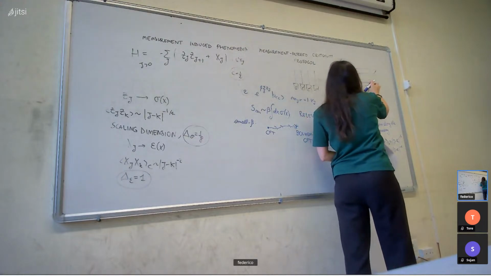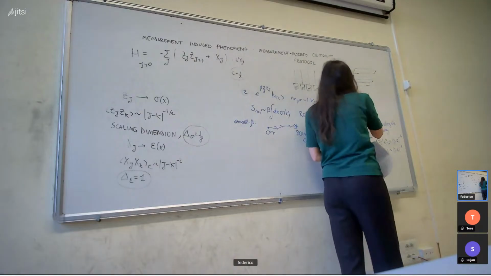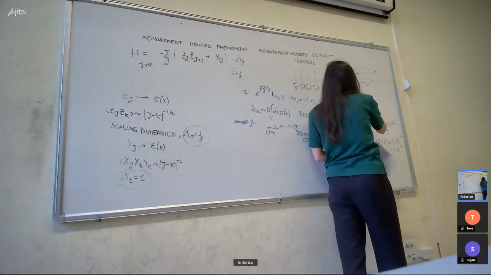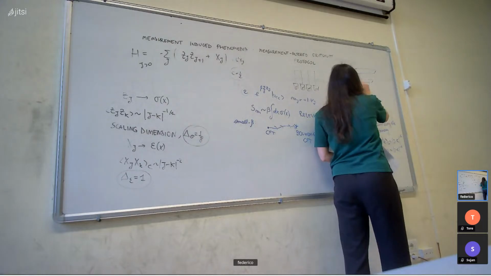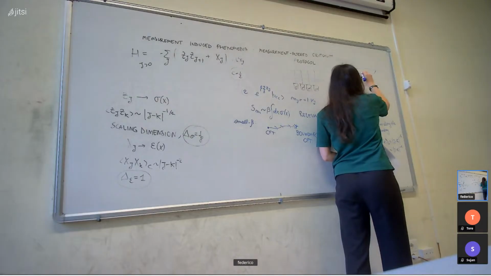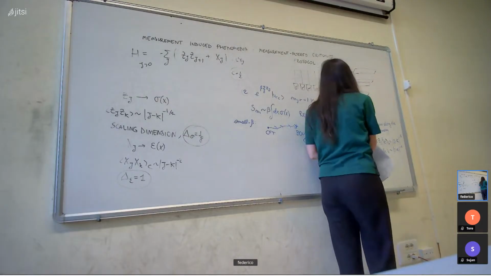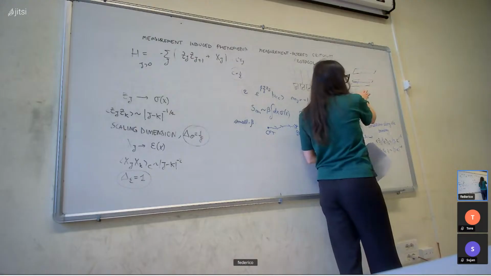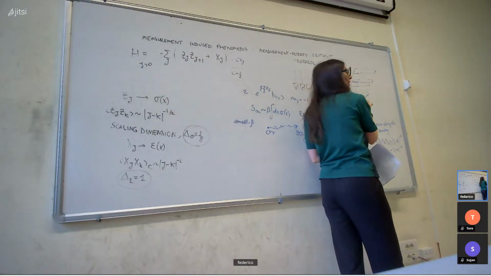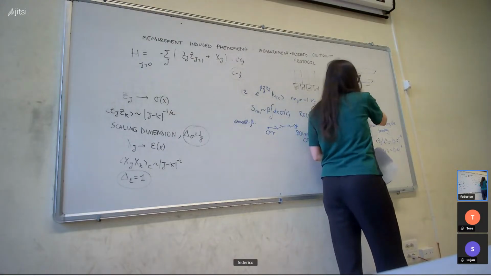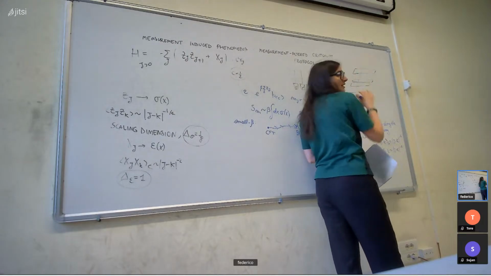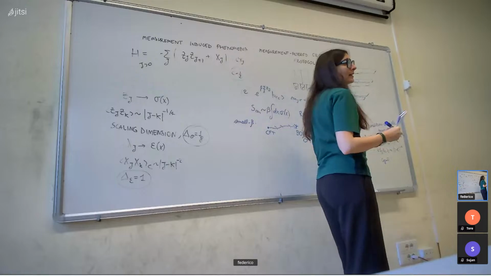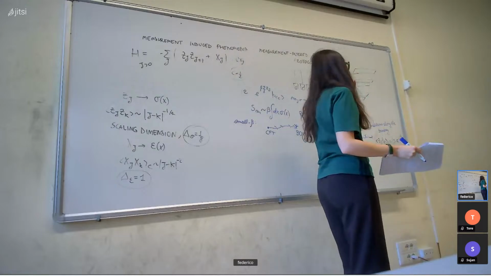Usually in the replica space, if you are taking the plane, there is no way to go from one replica to the other. So the field is just identity.